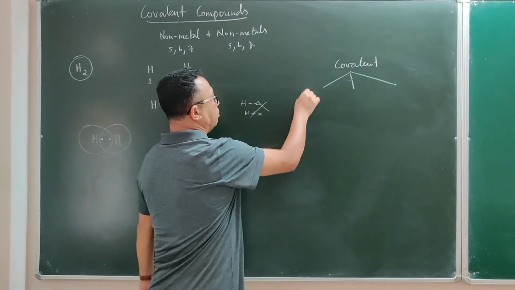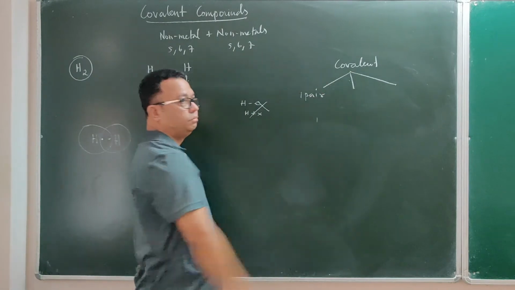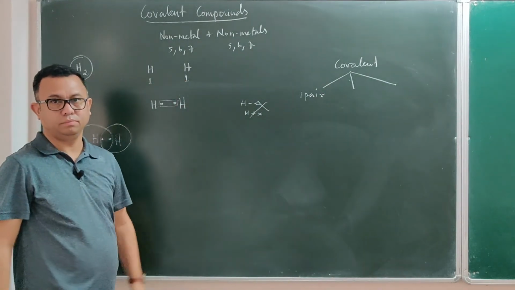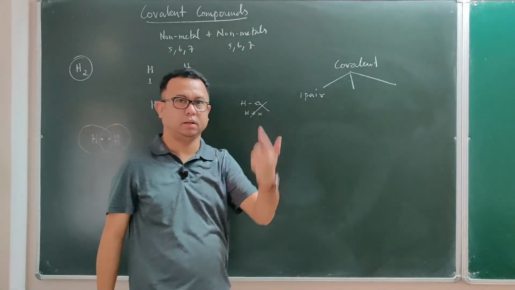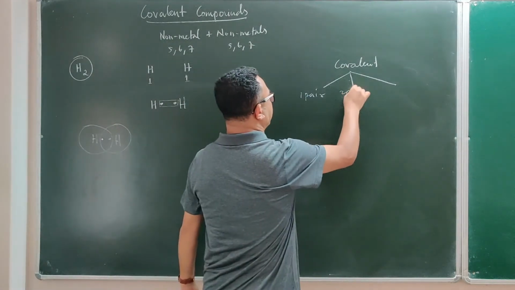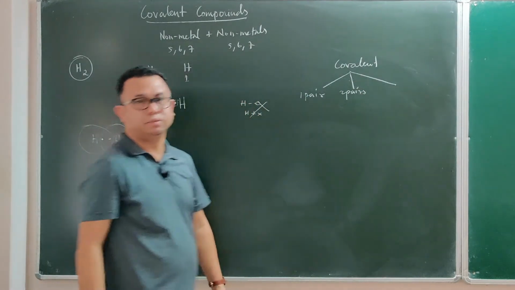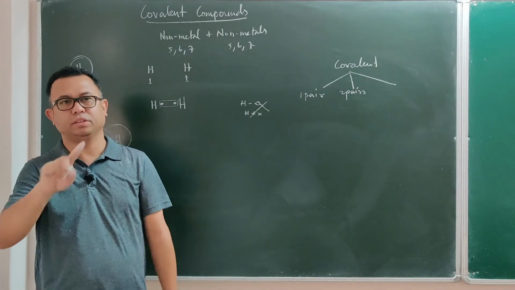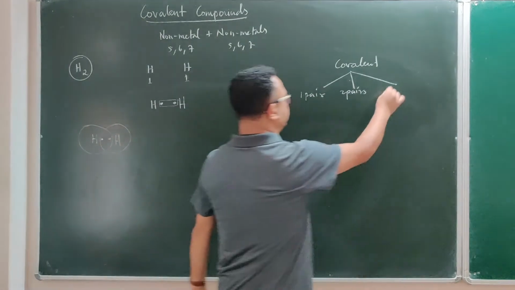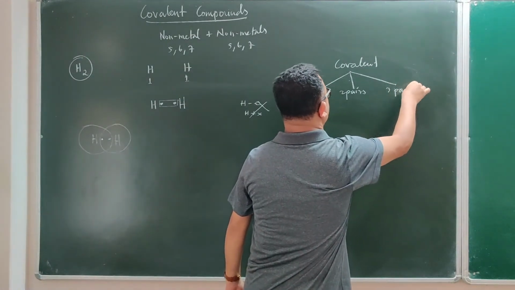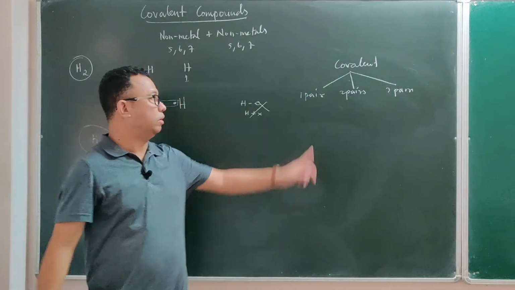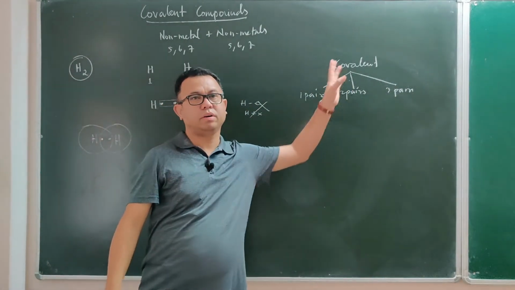When one pair of electrons is shared, it is a single covalent bond. When 2 pairs of electrons are shared, like in the case of oxygen to oxygen, 2 pairs of electrons will be shared. And when 3 pairs of electrons are shared, then we call it a triple covalent bond. Single covalent bond, double covalent bond, triple covalent bond.